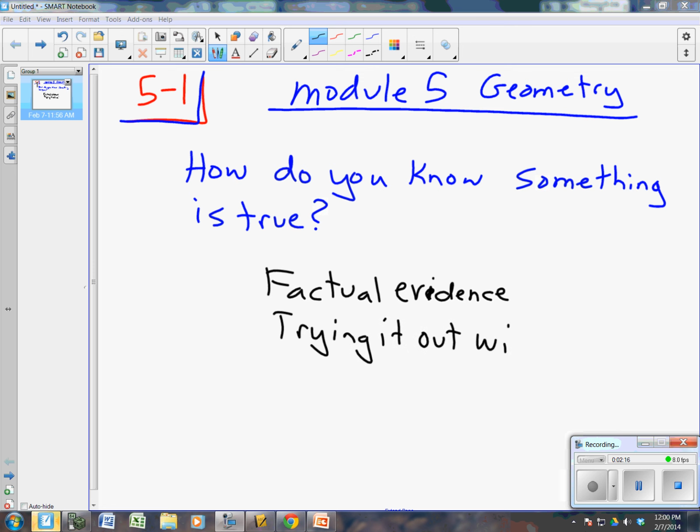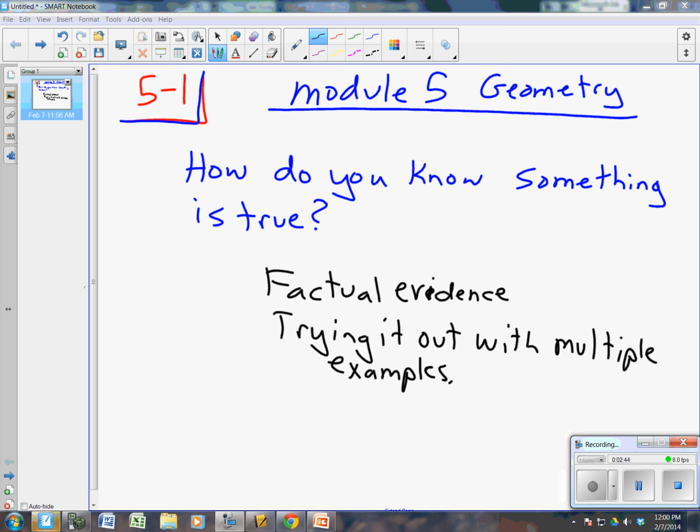with multiple examples. I want you guys to write these down so you can refer back to them. Okay? Now, the one up here, factual evidence, the way they say it here is making an argument based on previously proved statements and logical ways of reasoning.